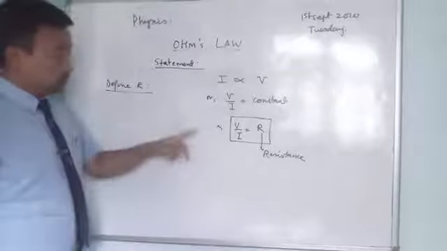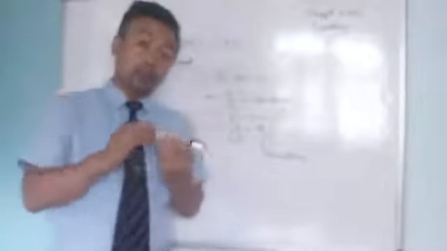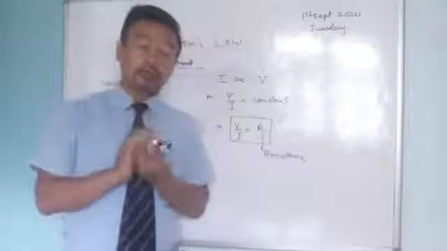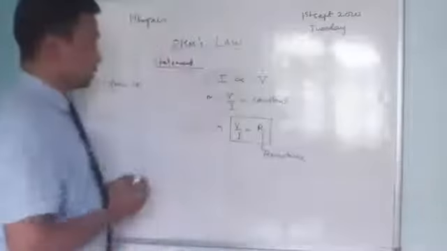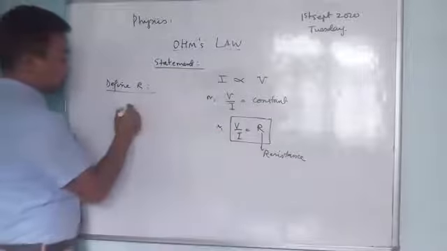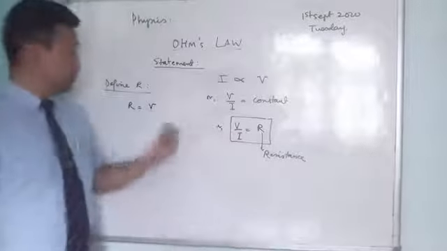Now, if in a conductor you flow 1 ampere of current, ampere is the unit of current, keep in mind, when a unit current is flowing through the conductor, this I becomes 1.